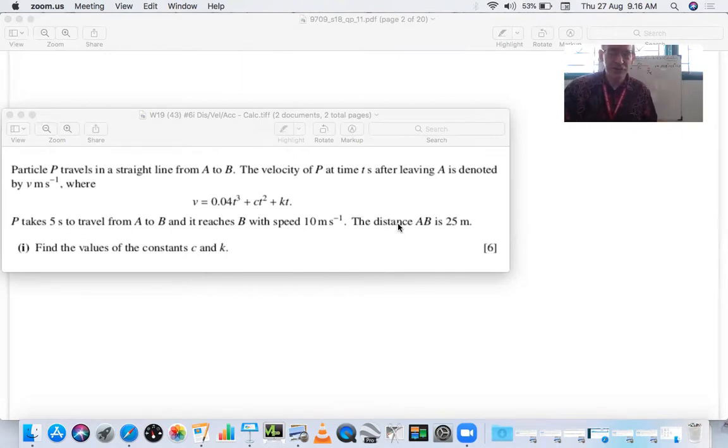But how do you determine it from the question? Well, notice it gave us velocity as a function of time. And the velocity is t cubed, it's a cubic, which means if you take the derivative of the velocity, you're going to get a quadratic, a t squared, which means your acceleration will be a function of time.